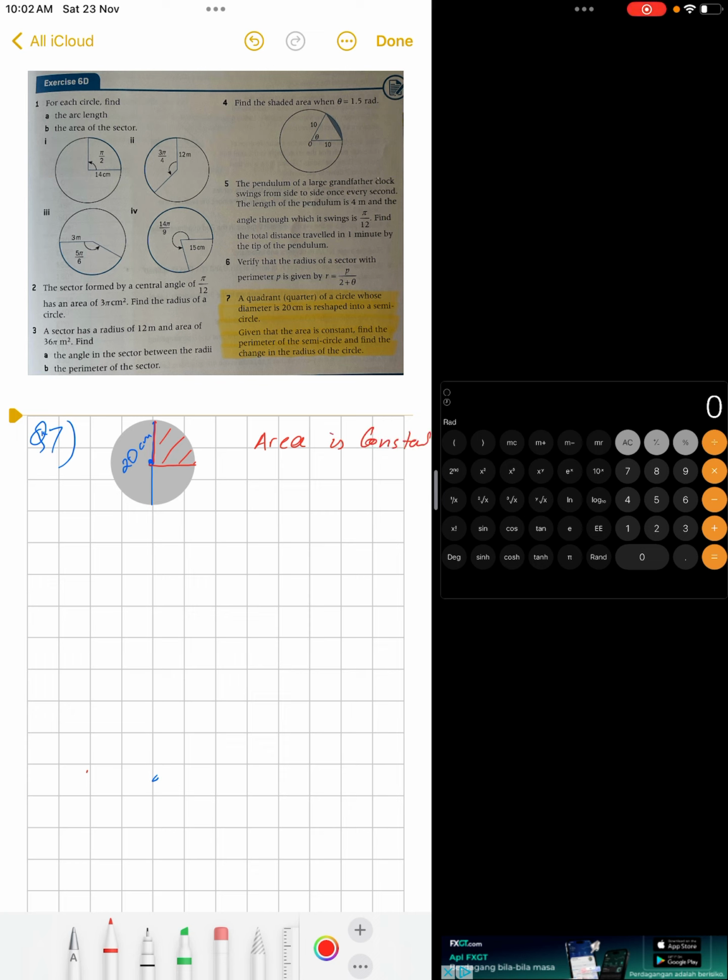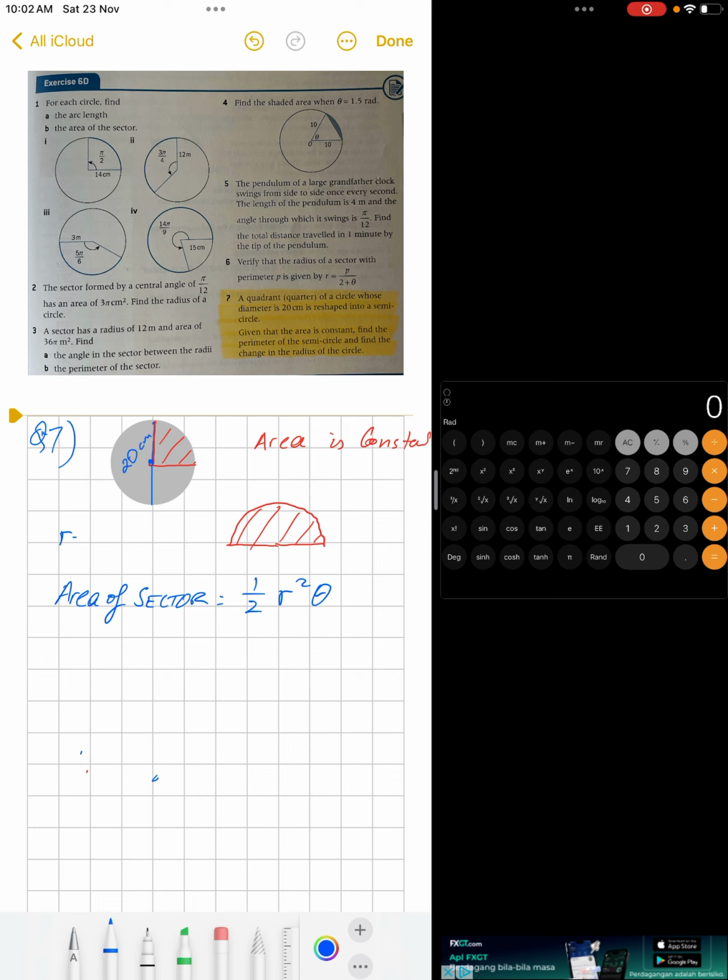So we take that area, we reshape it into a semicircle so that the area is constant. Well, let's find the area first of all, shall we? The area of a sector, which is a quadrant, is half r squared theta.